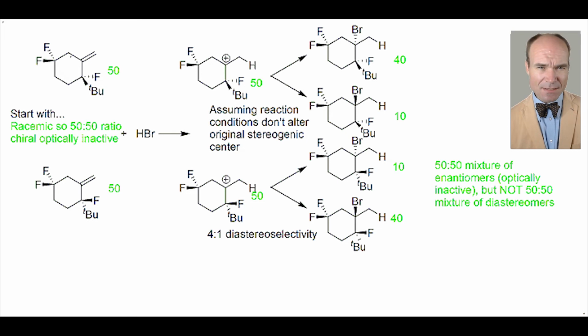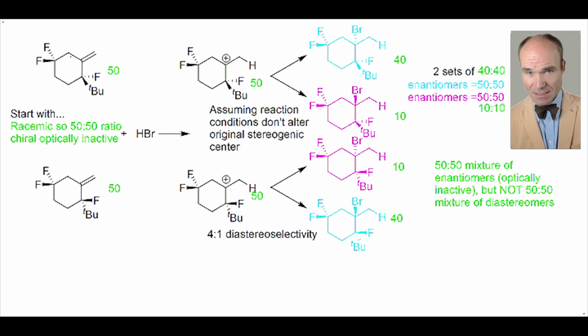We shall identify enantiomeric pairs in the products, and you can see that each of the two pairs have an equal amount of each enantiomer. So, we have a 50-50 mixture of enantiomers, making all the products together optically inactive. However, there isn't a 50-50 mixture of diastereomers.